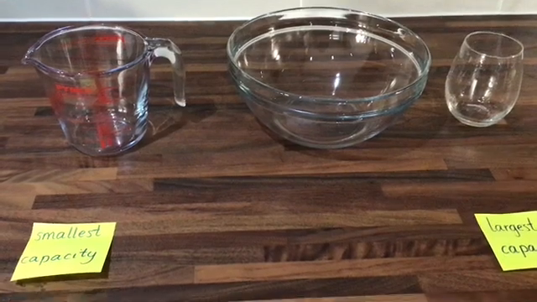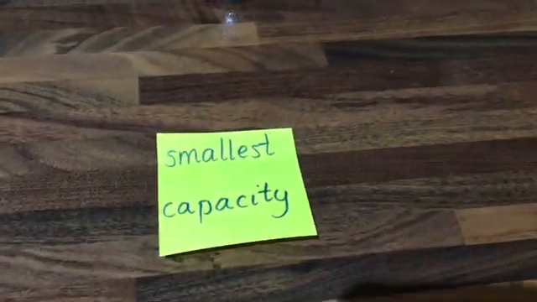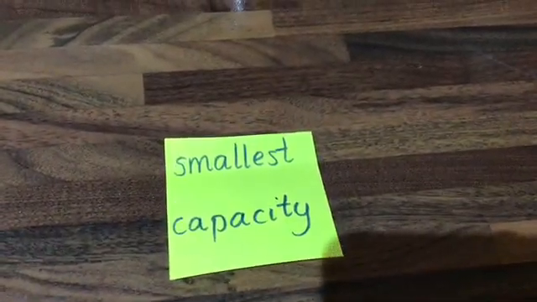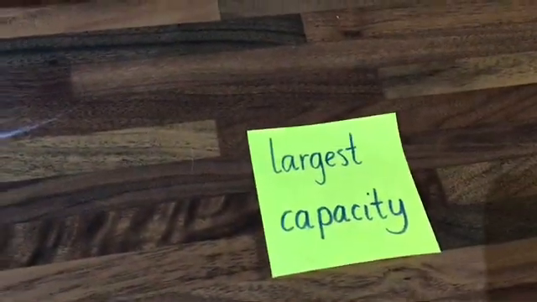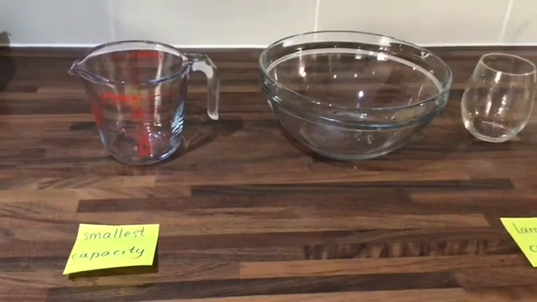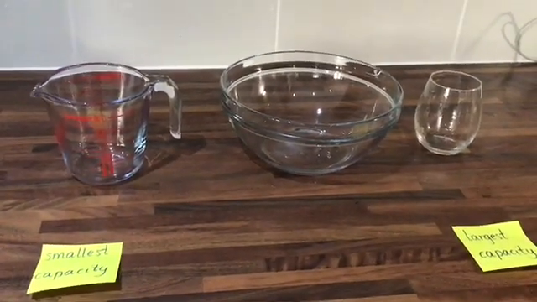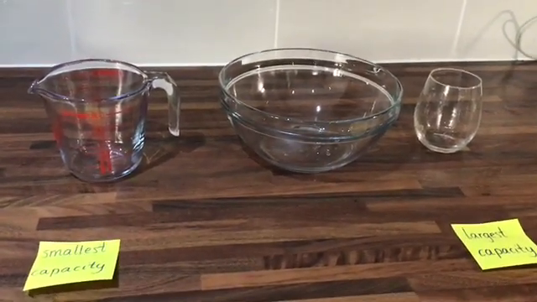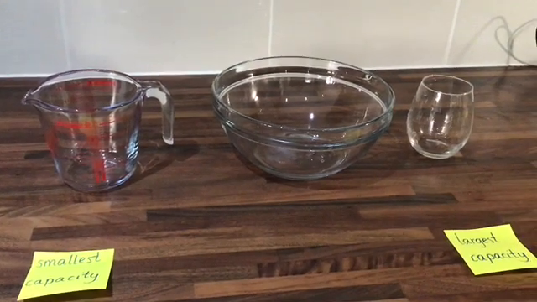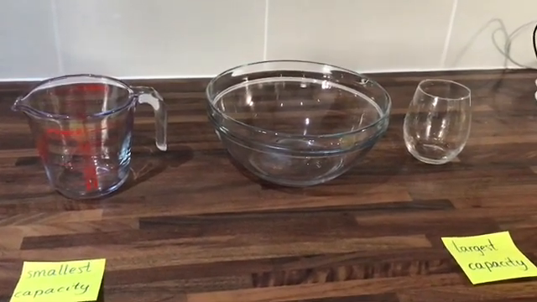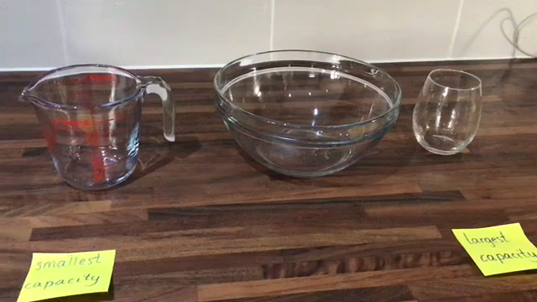Okay, hopefully you've had a little think about that. I've made up 2 little labels. This one says smallest capacity, largest capacity. So, which container has the smallest capacity? The measuring jug, the big mixing bowl, or the glass?